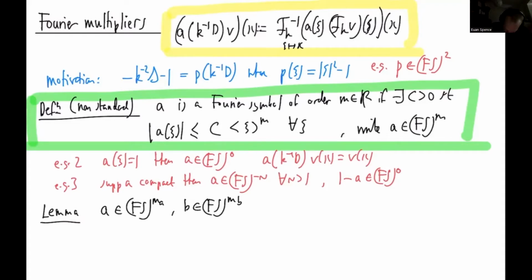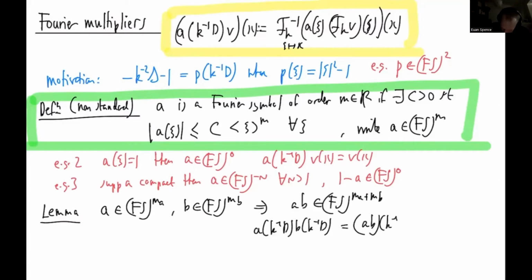This then implies ab is a Fourier symbol of order m_a plus m_b, and a(k^{-1}D) composed with b(k^{-1}D) is just the product ab(k^{-1}D), i.e. the Fourier multiplier with symbol ab, which is then b(k^{-1}D) a(k^{-1}D). So these Fourier multipliers commute.